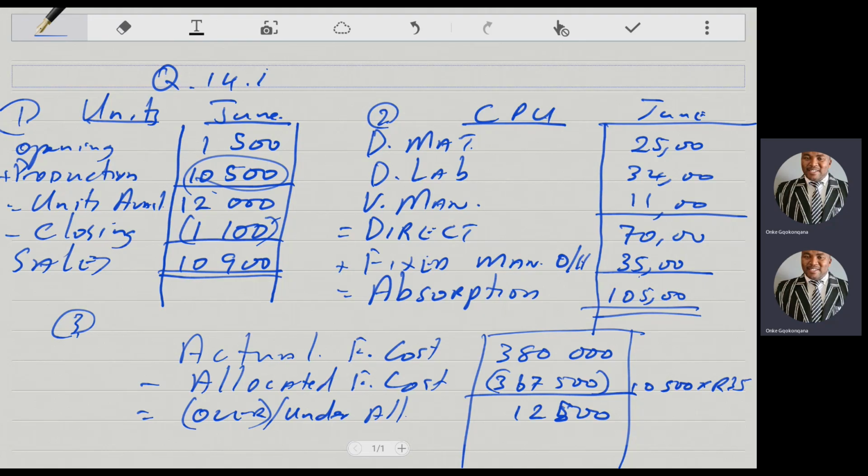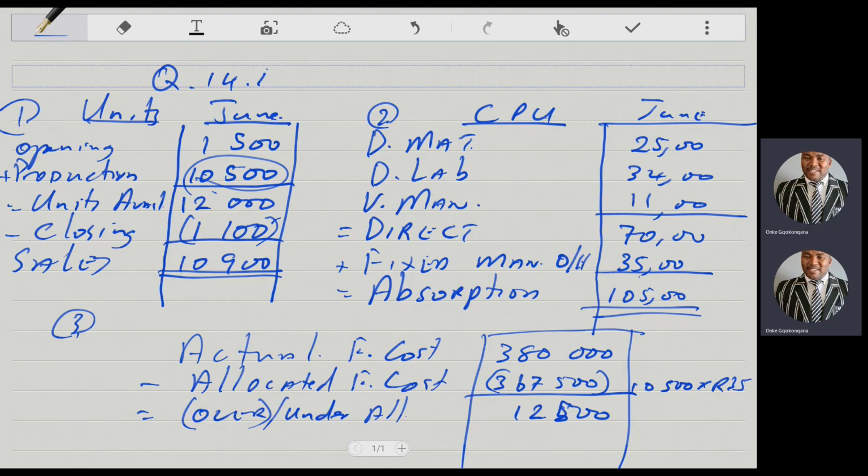So we were supposed to allocate 380,000, but we've allocated 367,500. So we were under by 12,500. And once you keep the word under out of the brackets, it's easier to see which one your answer is, under-allocated or over-allocated, because it would be over if the allocated amount was more than the actual amount.